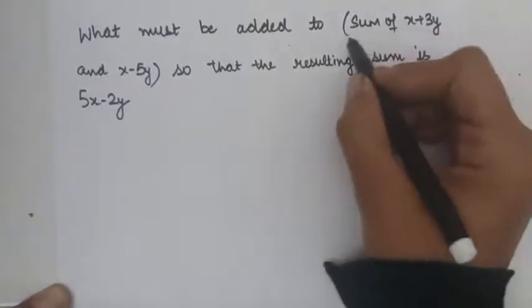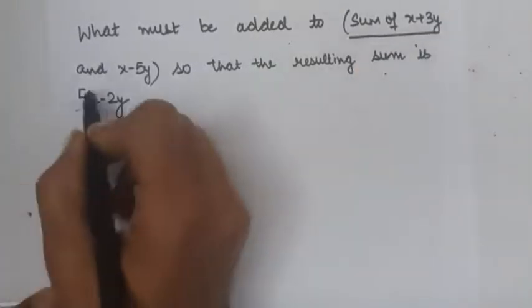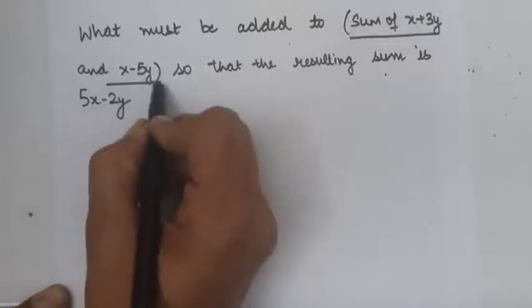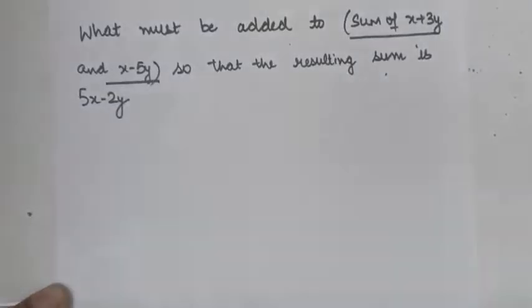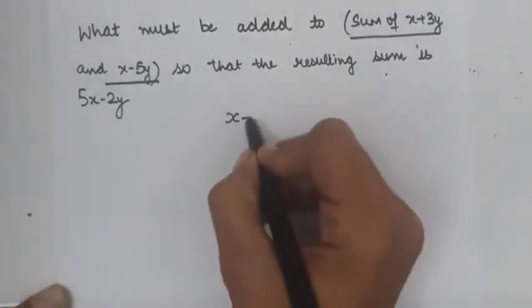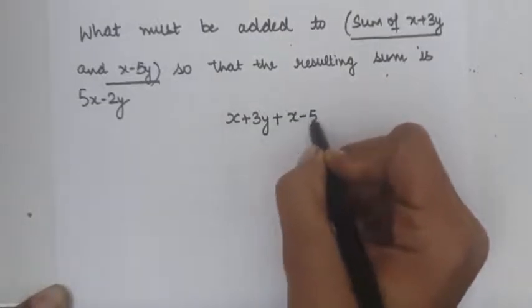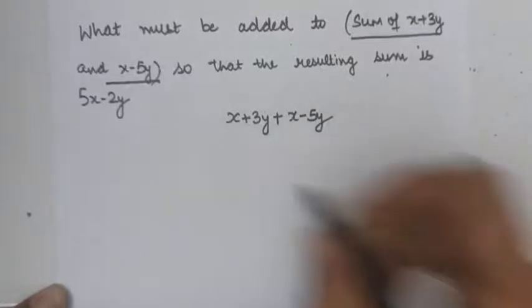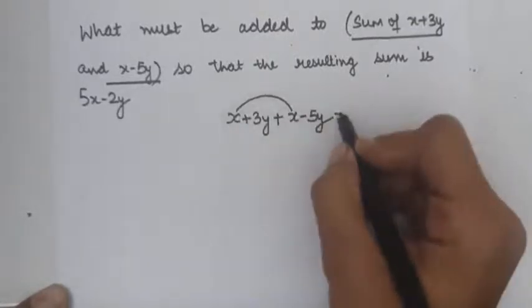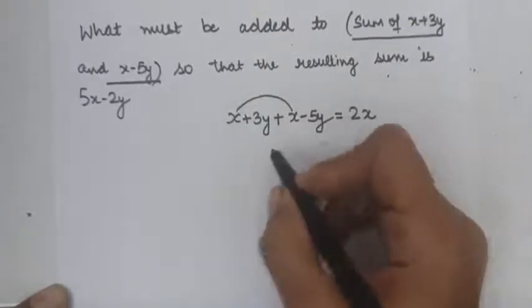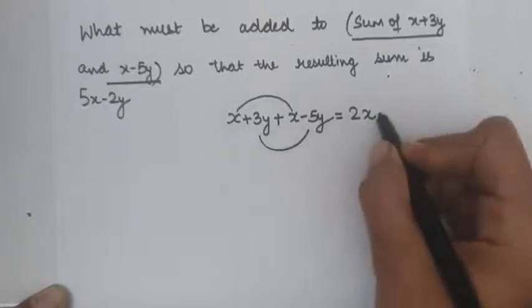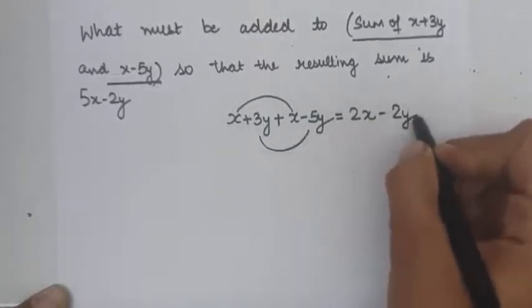So first of all, we will find the sum of x plus 3y and x minus 5y. X plus 3y plus x minus 5y. This will become 2x. 3y minus 5y will become minus 2y.